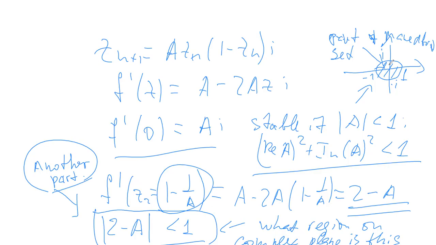Okay. So maybe I will stop here about these maps on the complex plane. I don't want to completely show this. Stable 2-cycles, it is again. You will have conditions for your parameter A, and just make some judgment of what kind of region it could be.